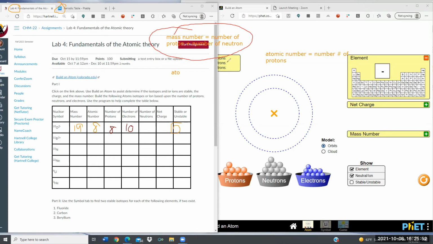Right here, the mass number equals the number of protons plus the number of neutrons. Don't I know the mass number? Yes, 19. Don't I know the number of protons? Yes. So can I calculate the number of neutrons? You can.